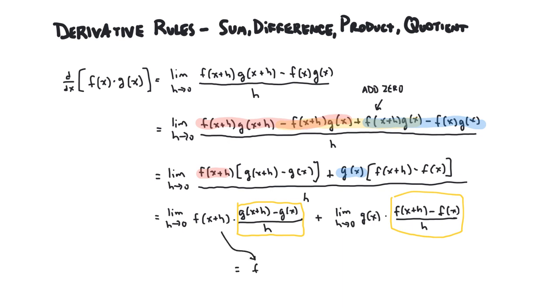It's called the product rule. f of x multiplied by g prime plus g of x multiplied by f prime. That's the product rule for derivatives. You'll use it a lot.